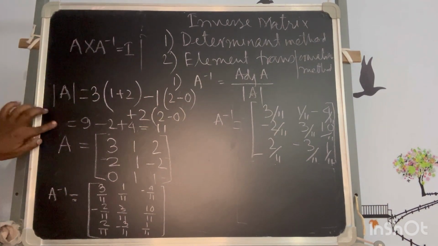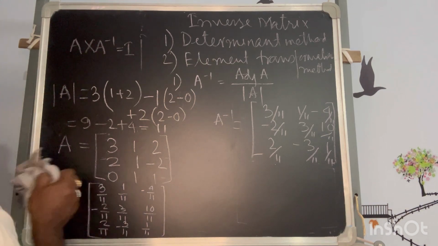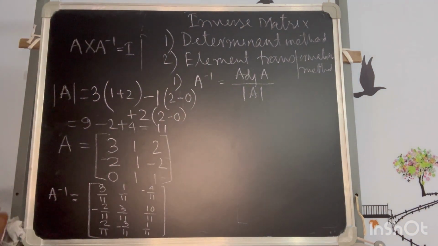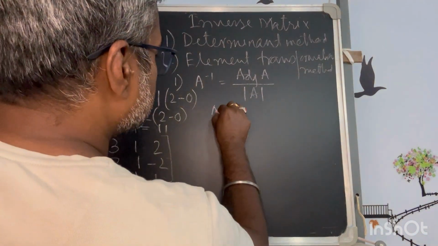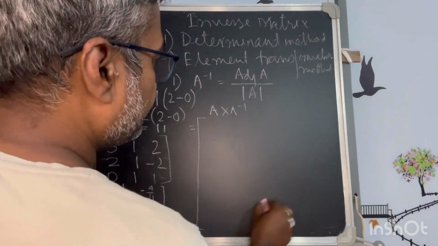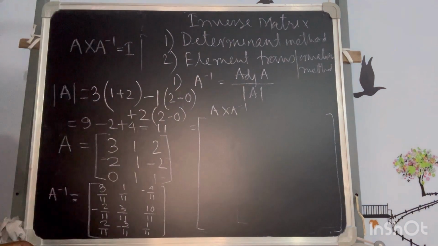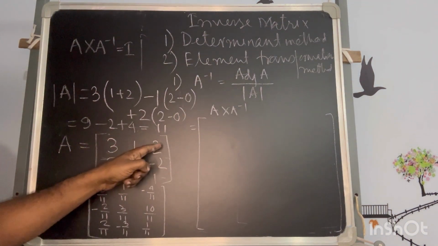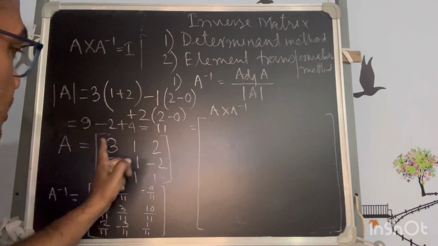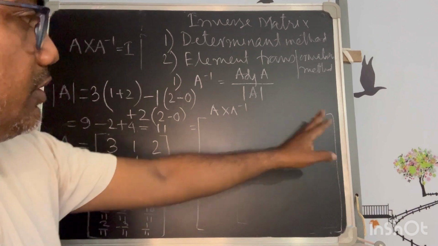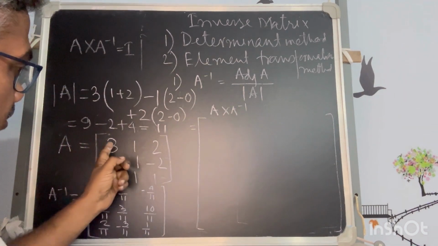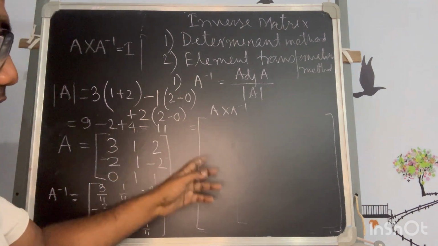Now you have to multiply this, to get this result, A into A inverse. So these are two matrices we are multiplying, and the rule says I have to multiply the row with the column to get this element. For the second element, the row and column will change accordingly, because when we are moving along a particular row, the row will be fixed and the column number will change consecutively.